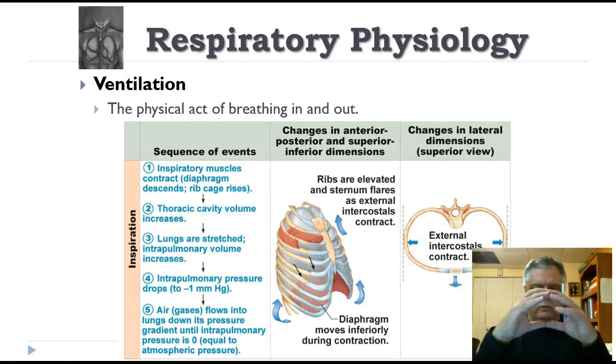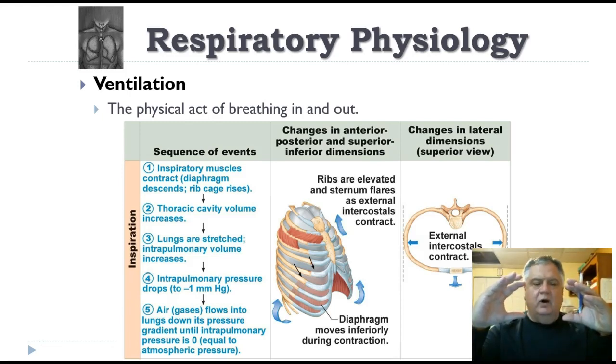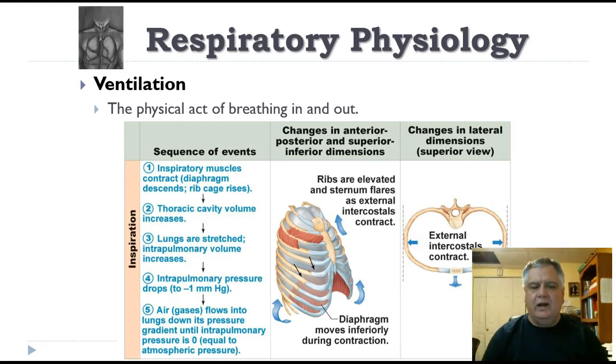So whenever we inhale, it's going to not only move the chest cavity up and out, but as the chest cavity moves up and out, it's going to pull on the lungs. It's going to stretch those alveoli out, and it's going to increase the internal volume of the lungs. The intrapulmonary volume is going to increase.